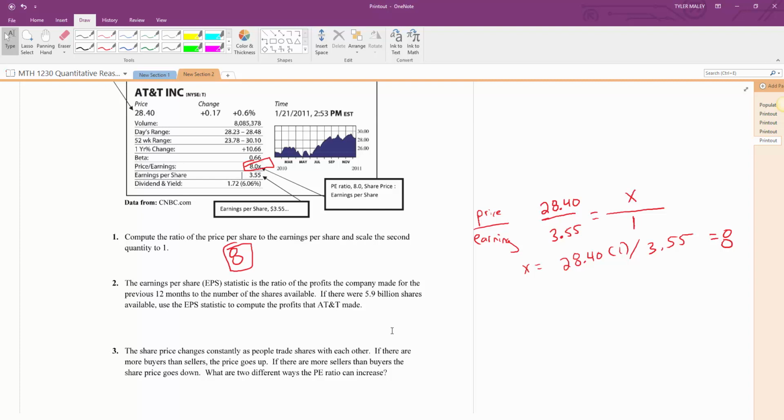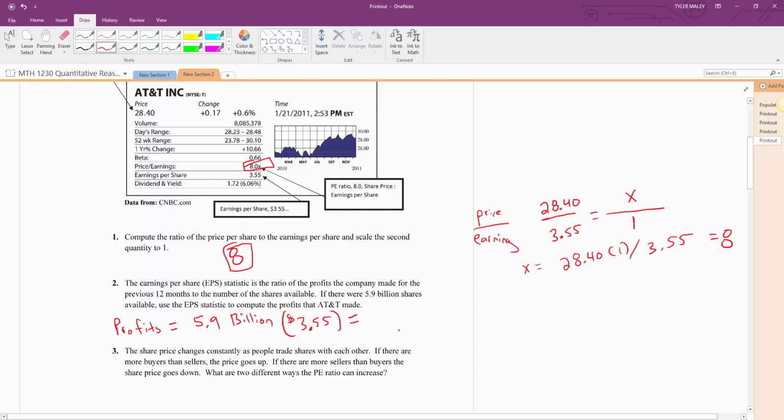To compute the profits, we take the 5.9 billion shares that was given and multiply that times the $3.55, the amount of earnings per share. So if I multiply the earnings per share by the number of shares, we get the total profits.